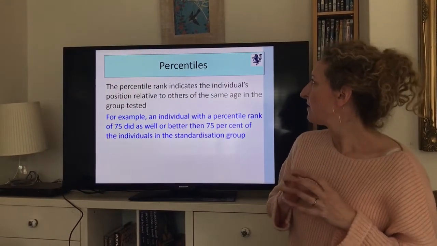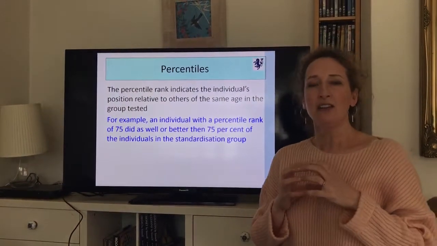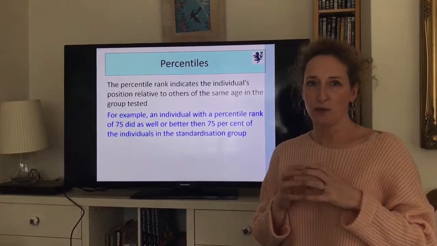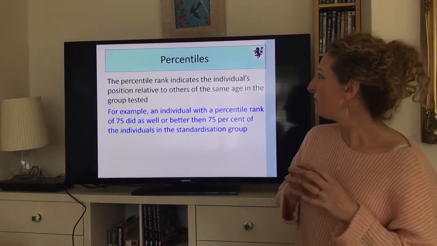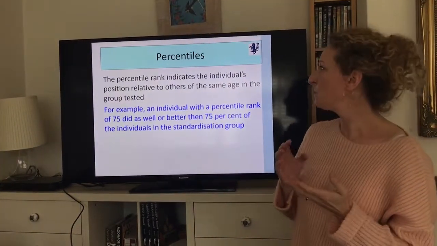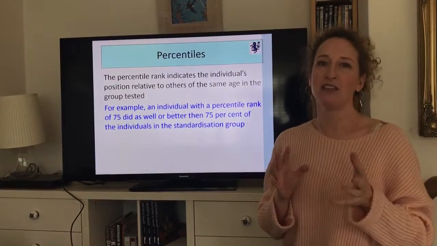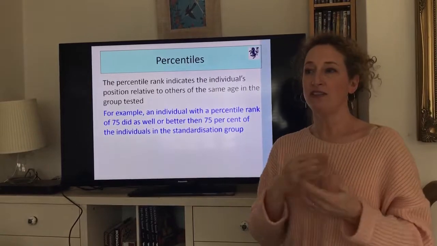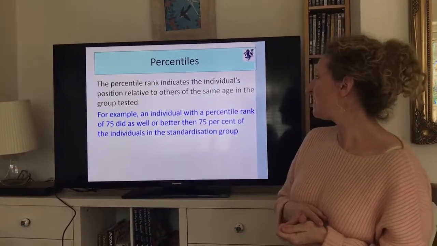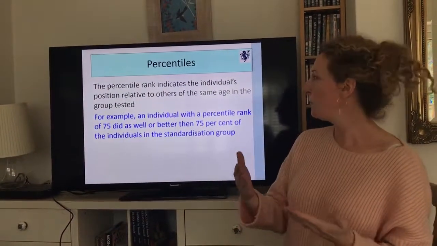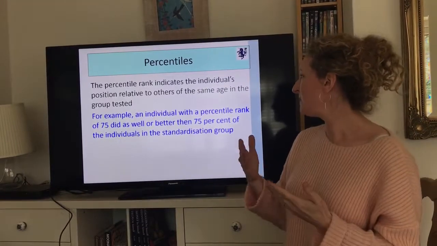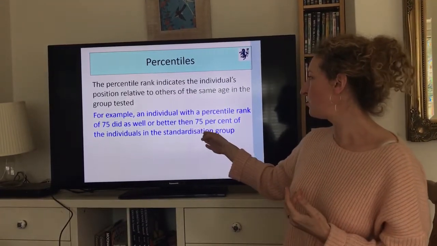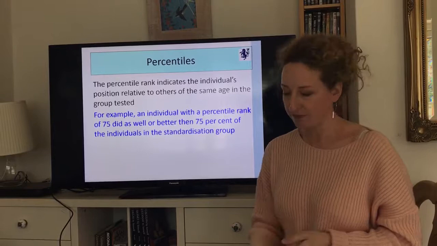Percentiles. So largely you don't really always need to report your percentile, but the percentile rank indicates the individual's position relative to others of the same age in the group tested. So for example, if you've got the 75th percentile, it means that that pupil did as well or better than 75% of the individuals in the standardisation group.